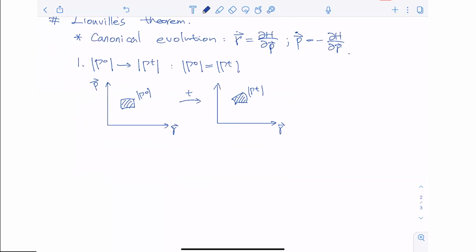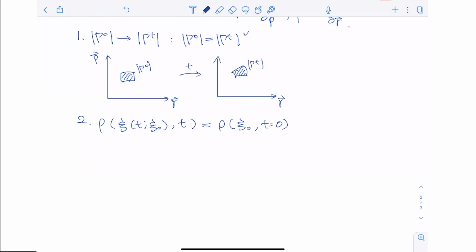And also, if we accept this concept that the volume of the phase space will be preserved under the canonical evolution, one can actually show, and we roughly gave the idea how to prove that, that the local probability density will not change under the canonical evolution, which means that the value of this rho will be identical from the initial time to any time during the evolution.